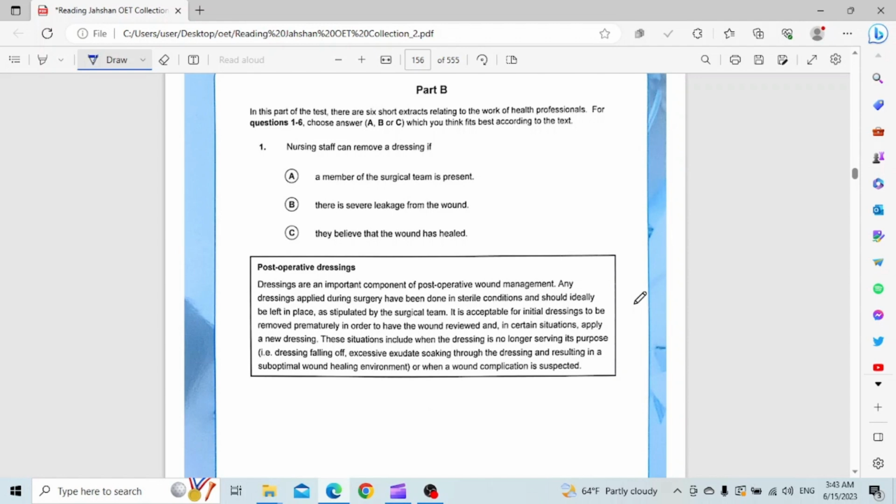Let's begin. In part B there are different kinds of questions. Sometimes they ask about a specific thing in the text. As in part B in listening and part B in reading, each question is a whole kingdom by itself.